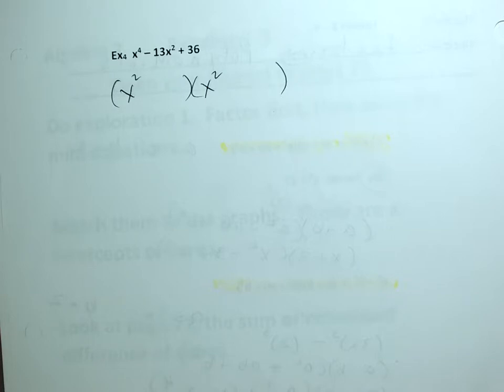But that will make it 13. 6 and 6, yeah, that will make 13. What else? 3 and 12. 3 and 12, that won't make 13, right? 4 and 9. Yeah. 4 and 9. What's 4 plus 9? But we need a negative 13. So minus 4 minus 9.